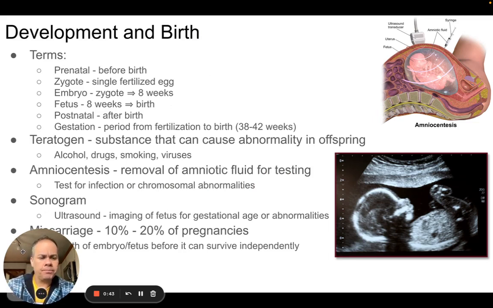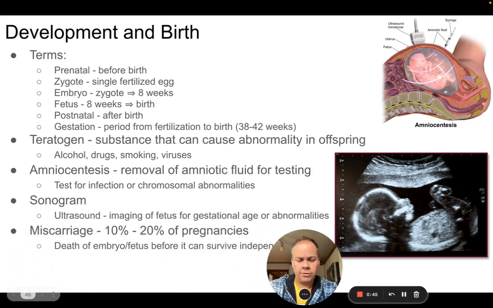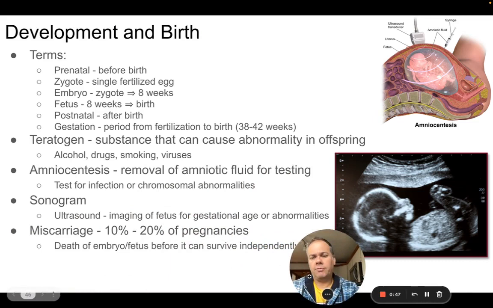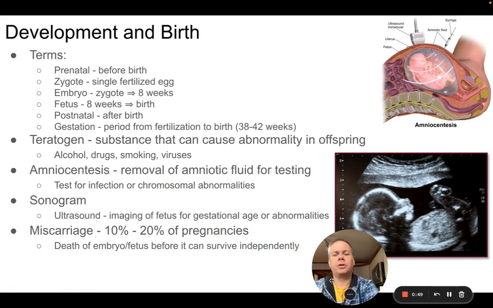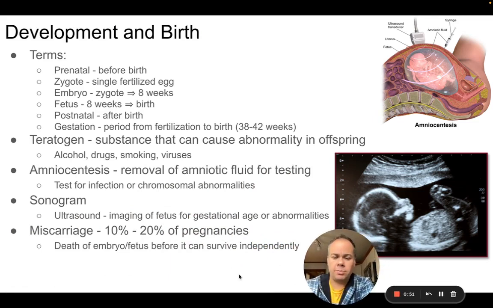So if we think about the process of birth and development, we use a couple different terms that you probably have heard before. The time from fertilization to when the fetus is born is called the prenatal period.